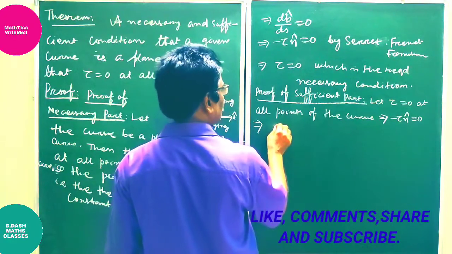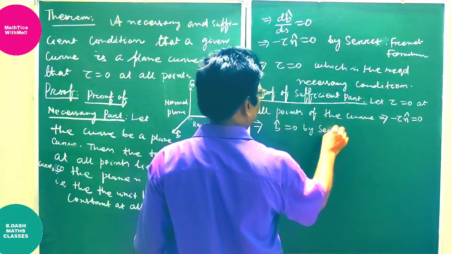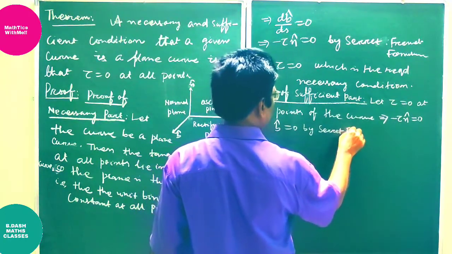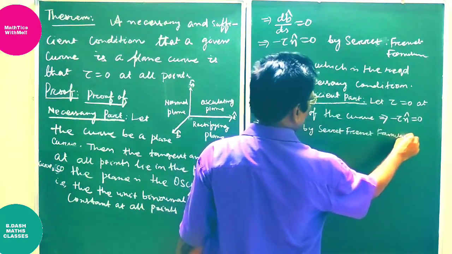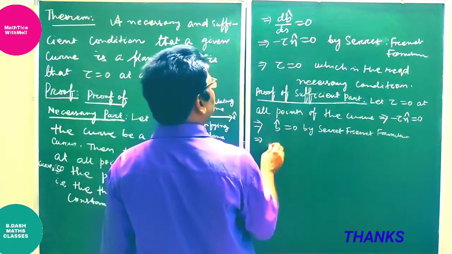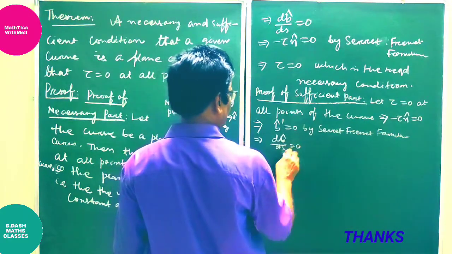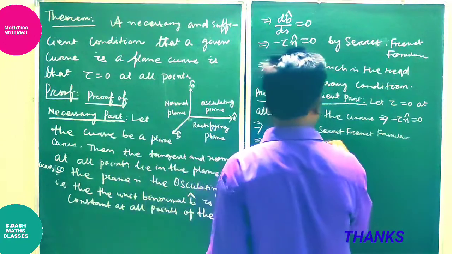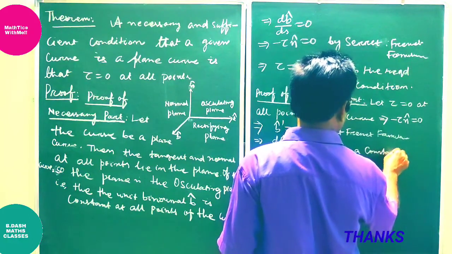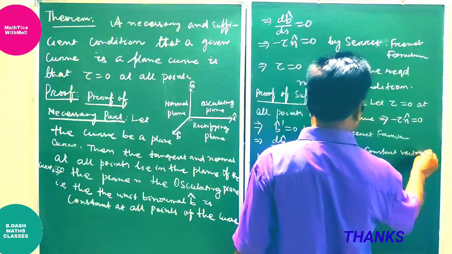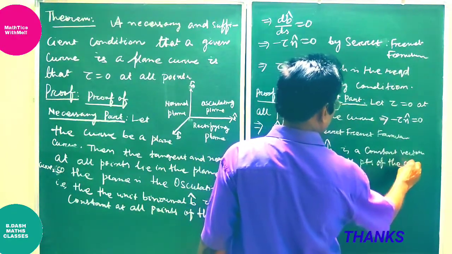This implies b cap dash is equal to 0 by the Serret-Frenet formula. This implies d b cap by ds is equal to 0. So this implies vector b cap is a constant vector at all points of the curve.